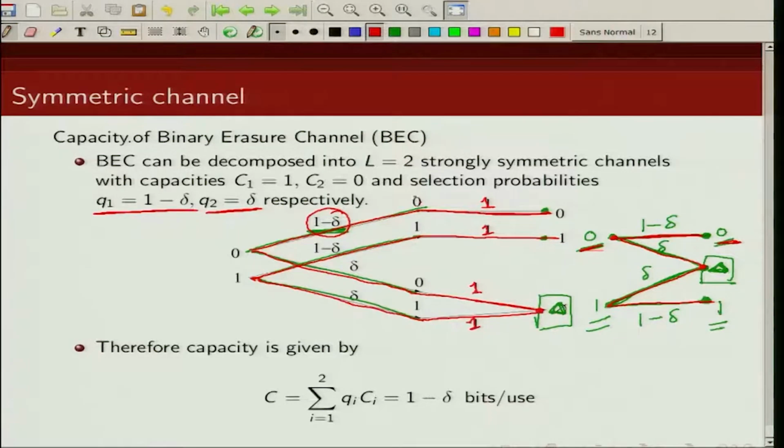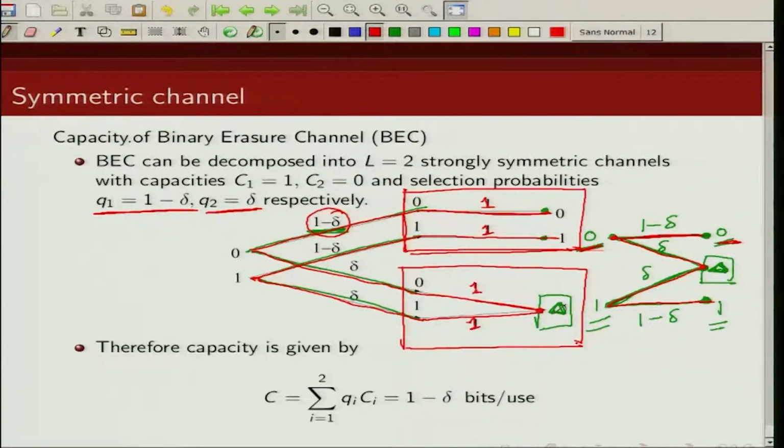Now, what is the capacity of this channel? This is a strongly symmetric channel, and we can easily see its capacity is 1. What is the capacity of this other channel? Its capacity is 0. We already know the expression for the capacity of a strongly symmetric channel, so just plug in the values.